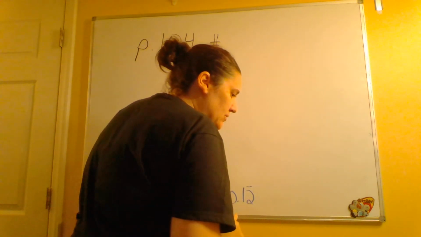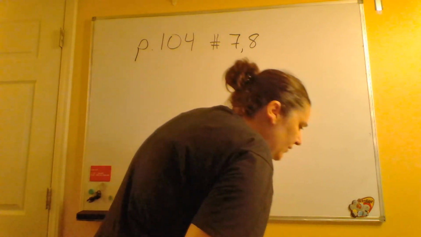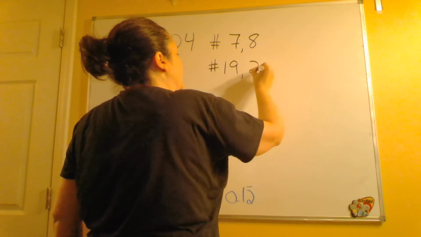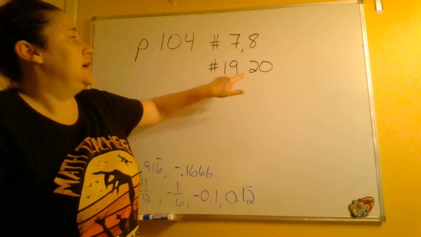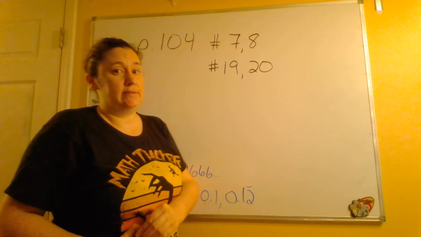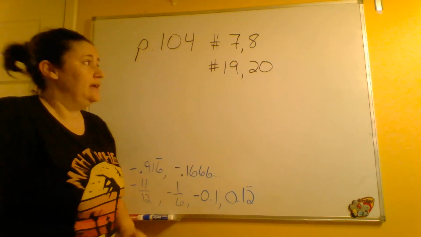We're going to do numbers 7 and 8, and then numbers 19 and 20. For 7 and 8, you have to put less than or greater than in between the numbers. For 19 and 20, you have to put them in order from least to greatest. All right, page 104, 7 and 8, and 19 and 20.